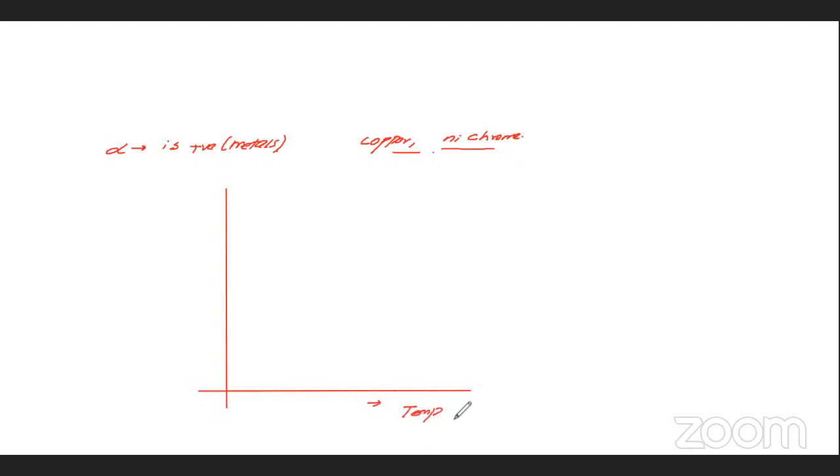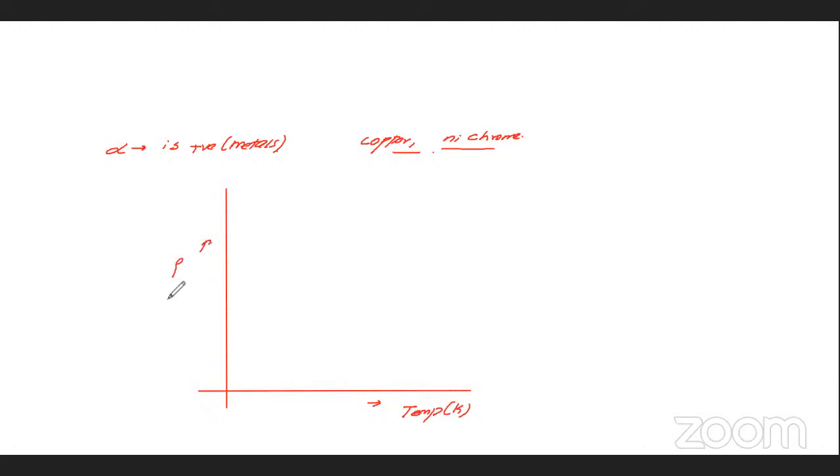Let's look at a small graph. Depending upon your materials, that is copper and nickel, a small graph for the relation. I'll take the x-axis as temperature in Kelvin, and the y-axis as resistivity rho.